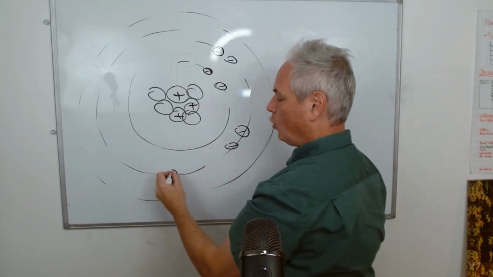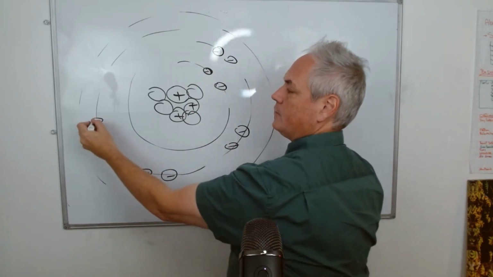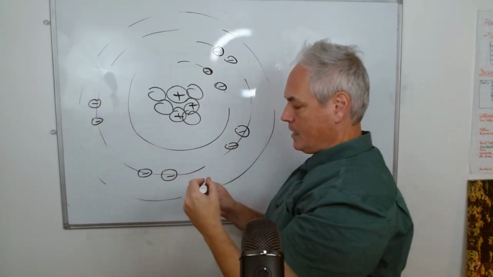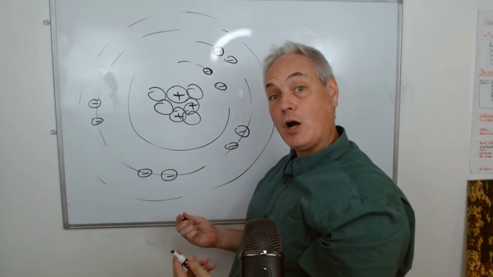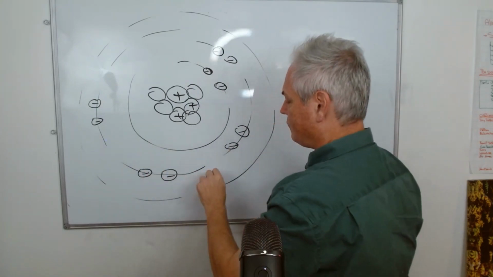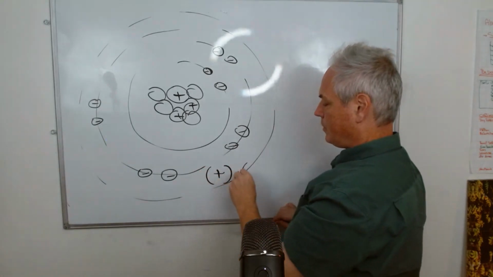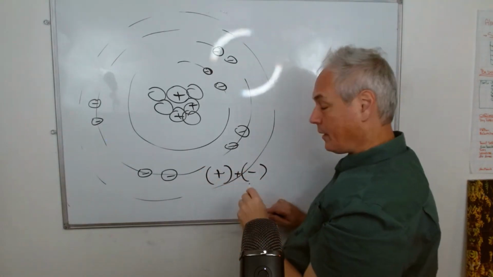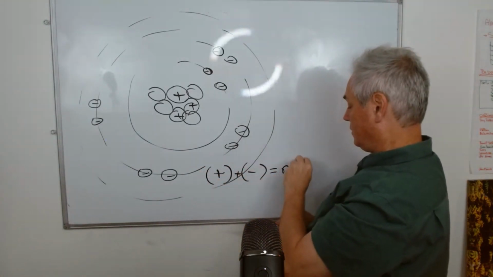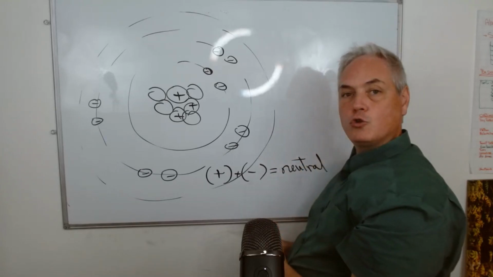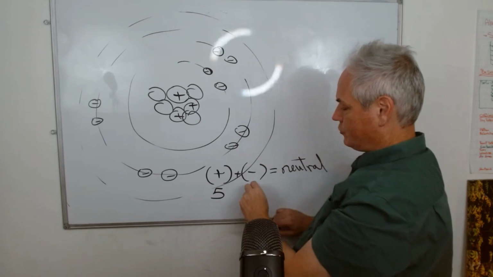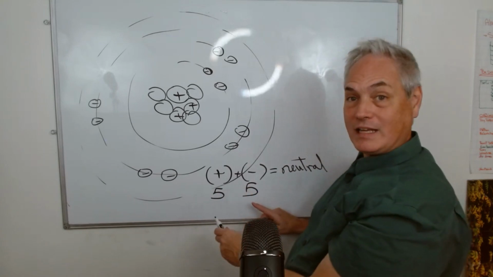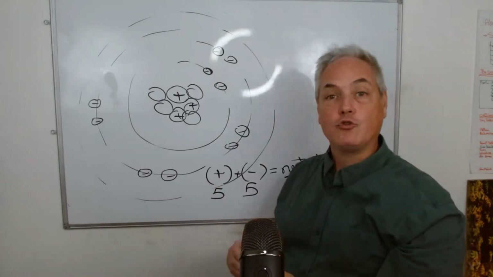I'm not going to draw the whole atom here, but it's just to say that we usually have the same number of positive as negative charges, because the plan is always to aim at neutrality. If you have 5 positive charges, you have 5 negative charges, and it makes it neutral.